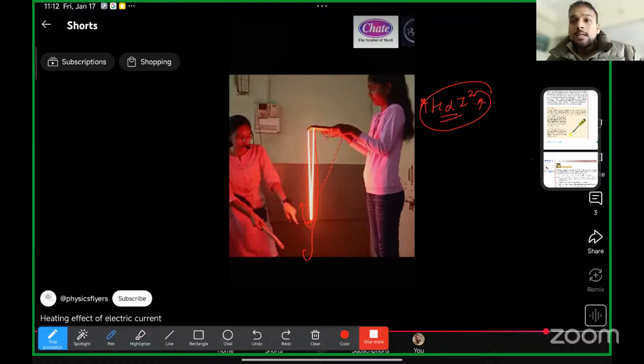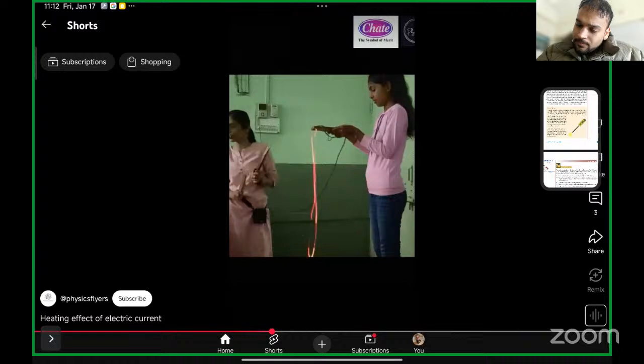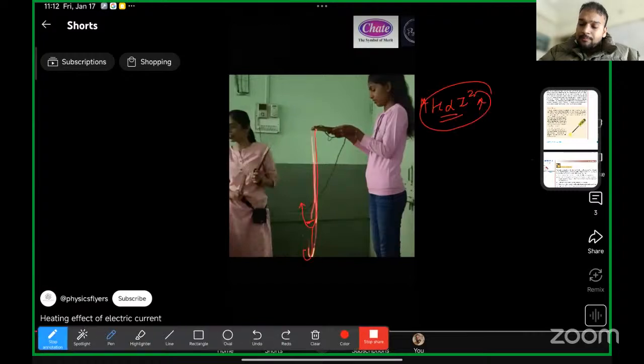So you can see that here the heat is not that good because the length of the wire is very long. The current has to travel from here to here.